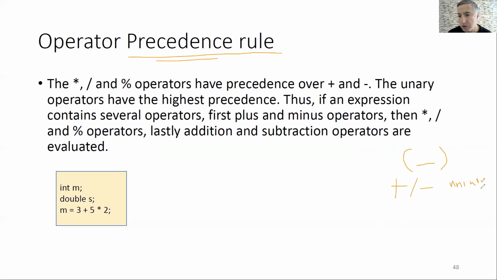Unary operations means to make a number positive or to make a number negative. Then we have the multiplication, division, and modulus operators. And then we have the addition and subtraction operators.